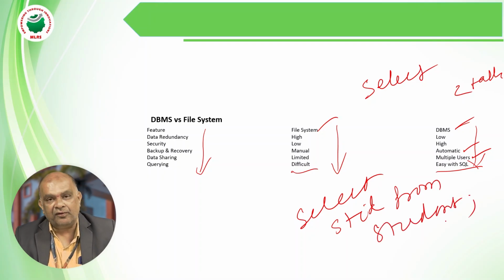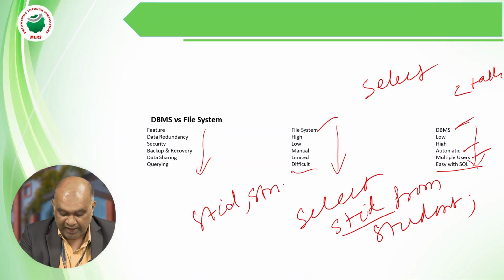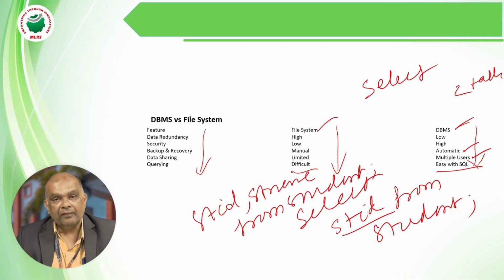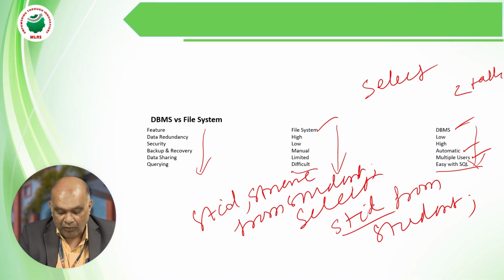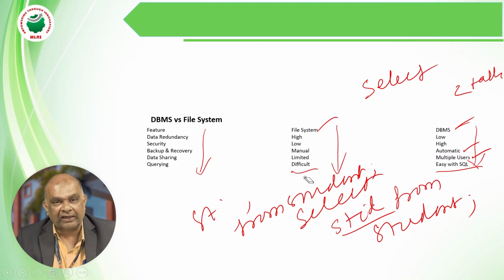Suppose I want to select student ID and student name. Then we can say select student ID, student name from student. When we do this, two columns are selected, student ID and student name.